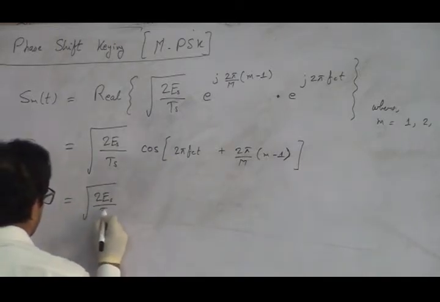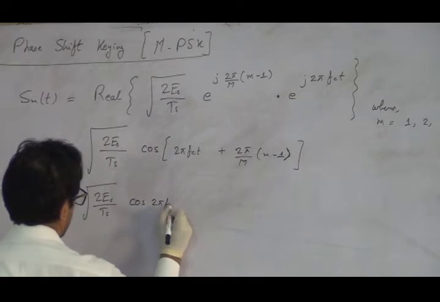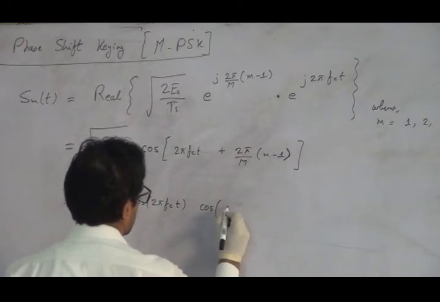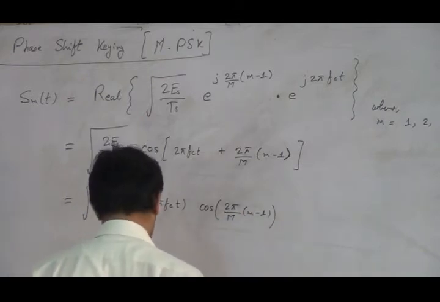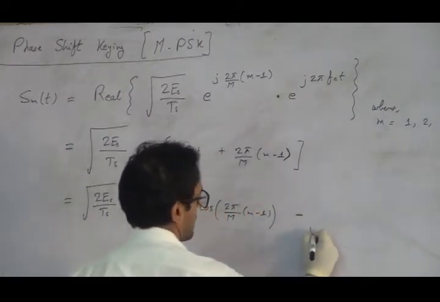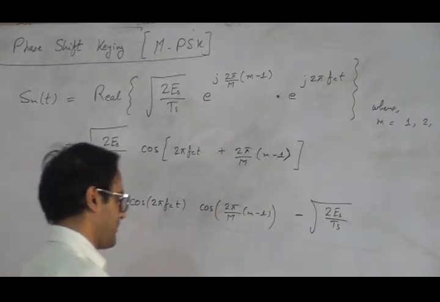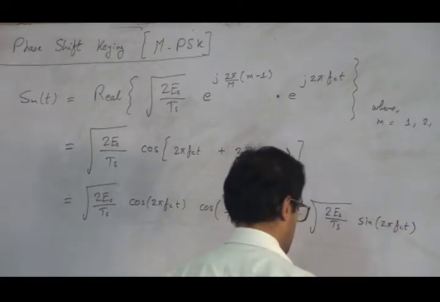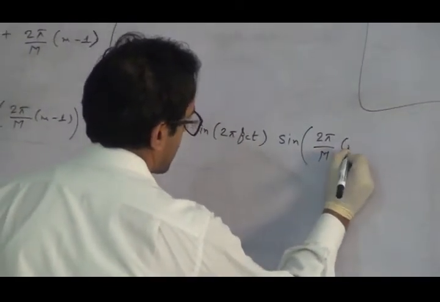Under root 2 Es divided by Ts, cos of 2 pi fc t, cos of 2 pi by capital M, small m minus 1, minus under root 2 Es divided by Ts, sine of 2 pi fc t, sine of 2 pi by capital M, small m minus 1, right?